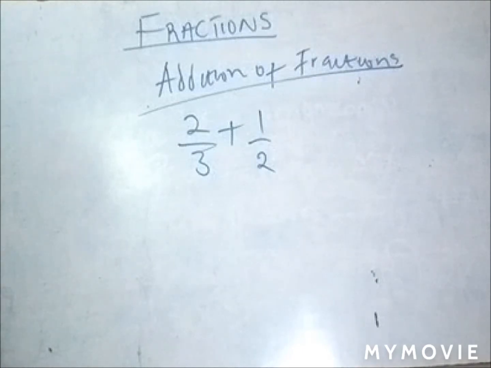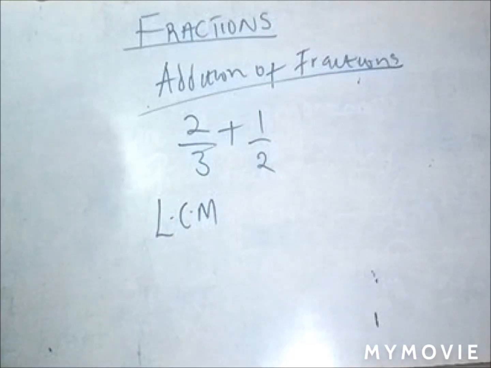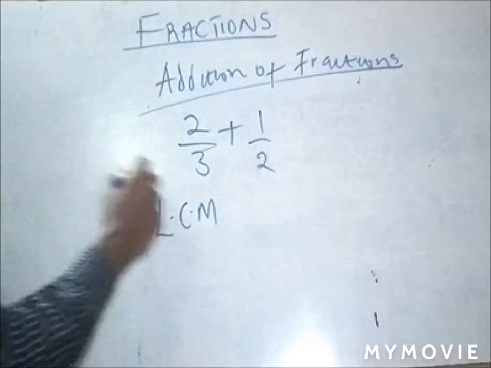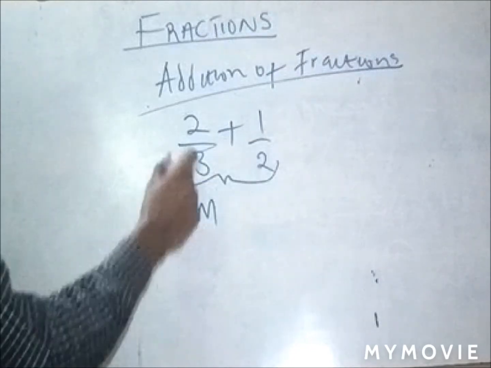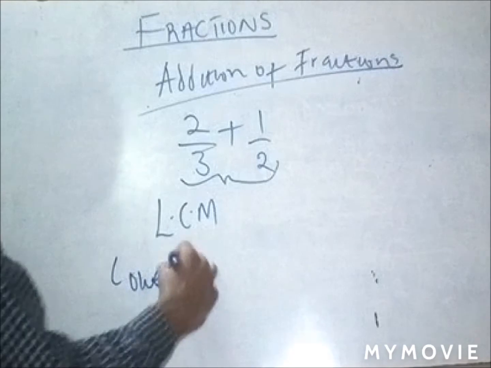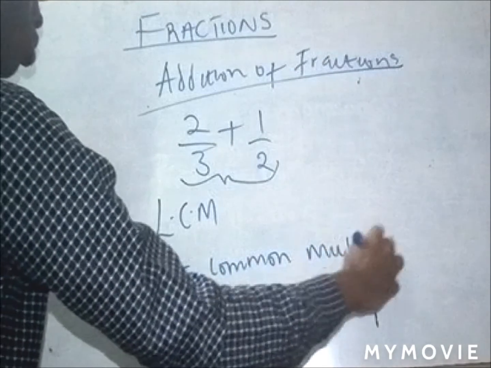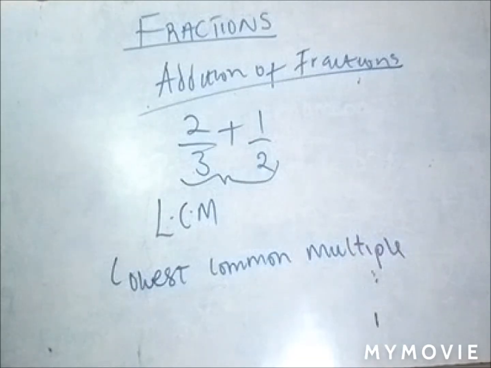one principle you need to remember here is the principle of LCM. The first thing you're going to do in adding fractions is to find the LCM of 3 and 2. LCM is lowest common multiple. Most of you already know that.